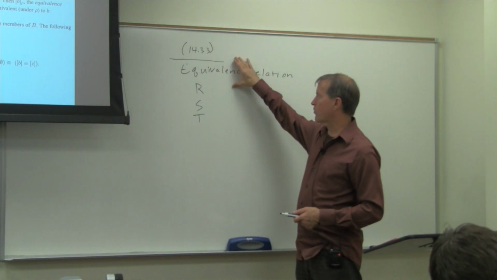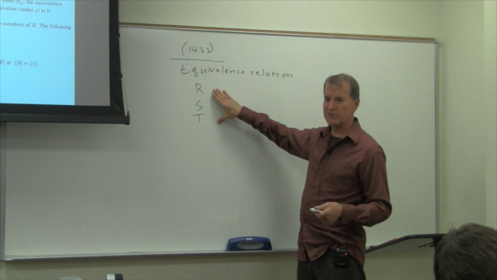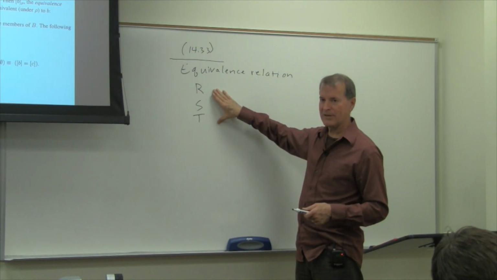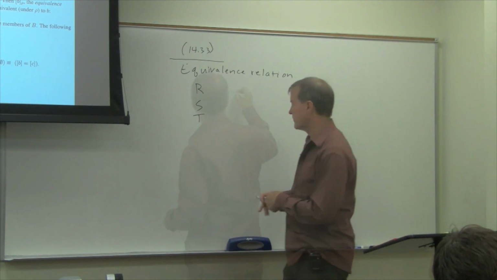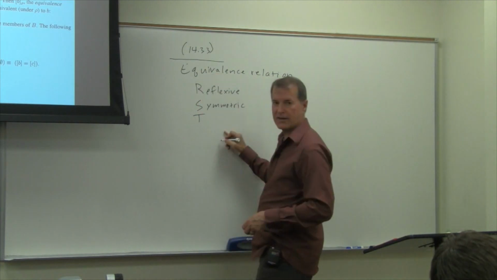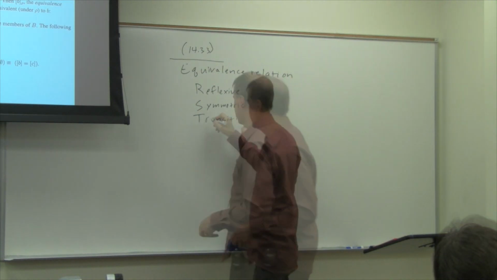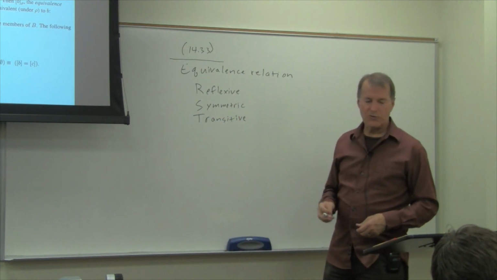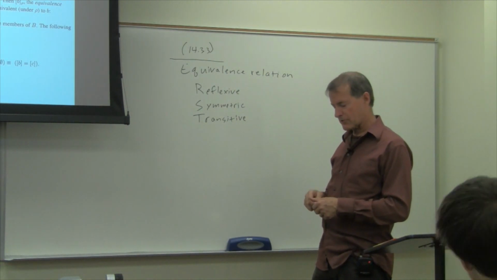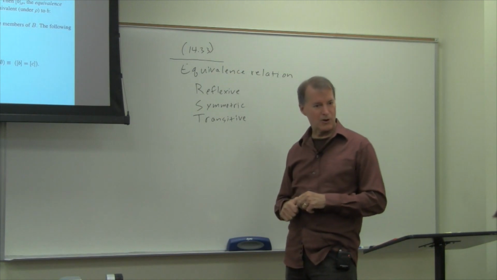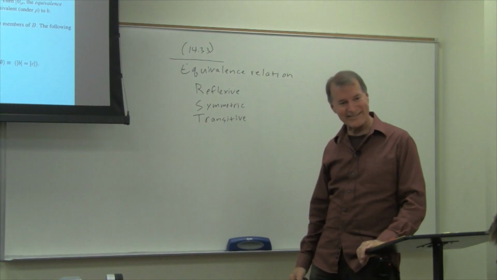So an equivalence relation in general, not just for equals but for other relations, is defined to be a relation that is reflexive, symmetric, and transitive, all three. Will we ever prove that an equivalence relation has to be reflexive, symmetric, and transitive? Probably not, because that's a definition, like an axiom.